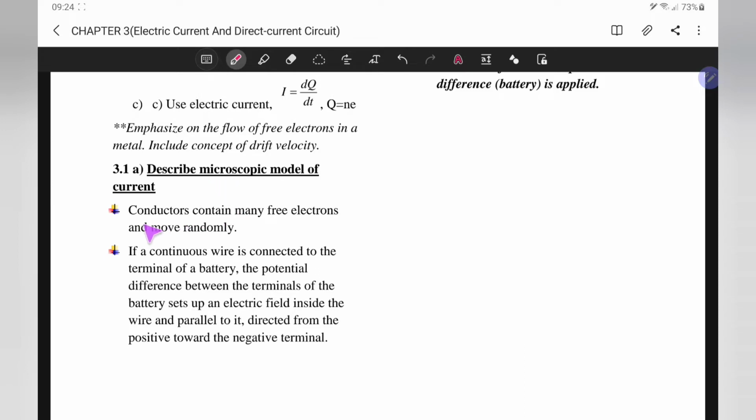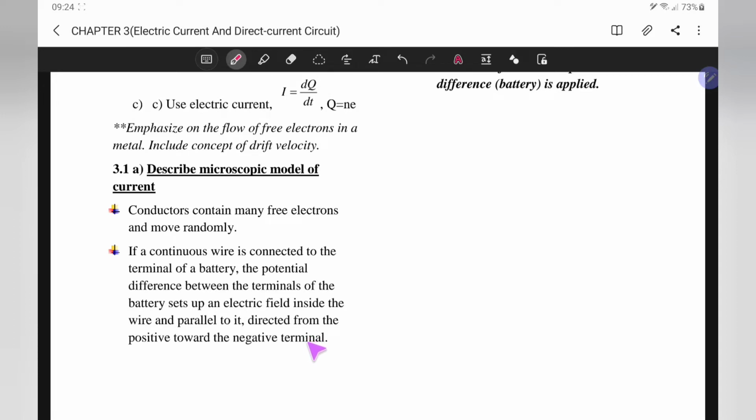What is current? Conductors contain many free electrons that move randomly. When the wire is connected to the terminals of the battery, the potential difference between the terminals sets up an electric field inside the wire, parallel to it, directed from the positive towards the negative terminal.